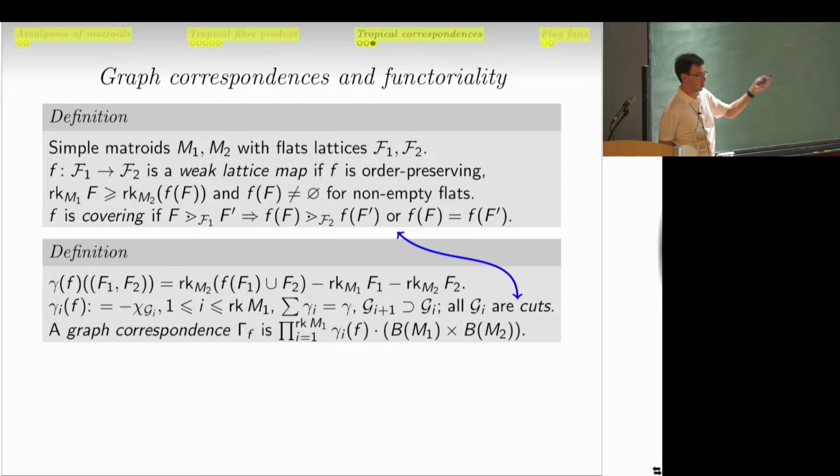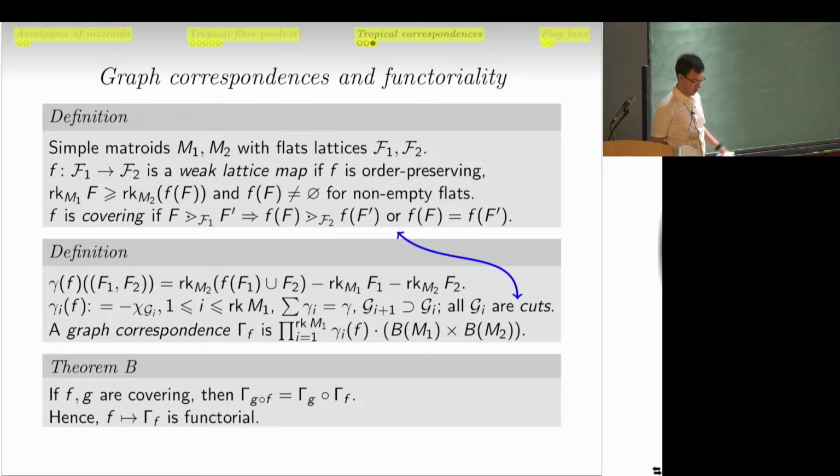And then, like before, we take consecutive Weil divisors of those functions. And finally, we can formulate the second theorem: if these weak lattice maps are covering, then this construction is functorial, that is, the actual composition of weak lattice maps coincides with the composition of correspondences in the geometric sense.